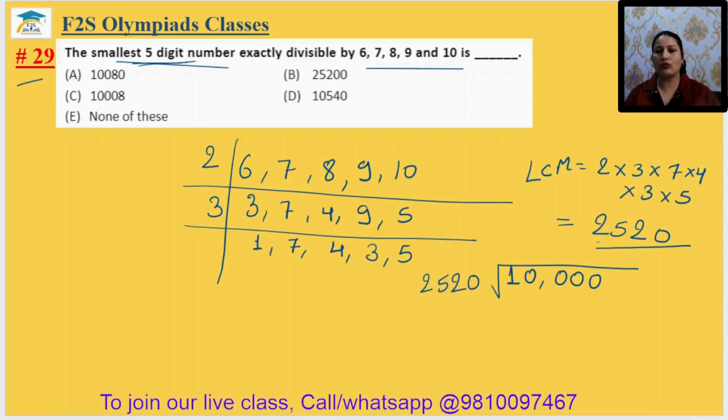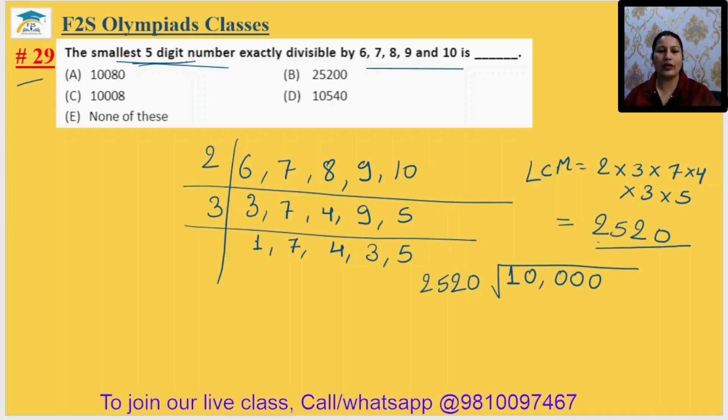2520. So if we divide 10,000, we can take 2 times, it will be 5,040, but 2520 3s are 7560. Now 2520 4s are is more than this, so we will go with 3s.